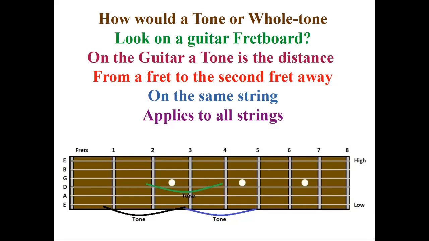So from behind the first fret to behind the third fret is a tone. Likewise, if we went from behind the third fret to behind the 5th fret, we'd also have a tone. On the D string, for example, you could go from behind the 2nd fret to behind the 4th fret, and that would also be a tone.